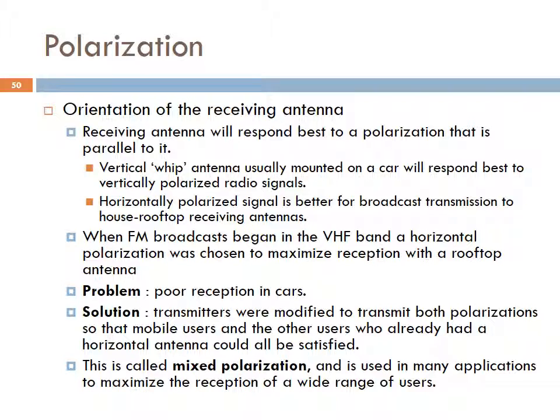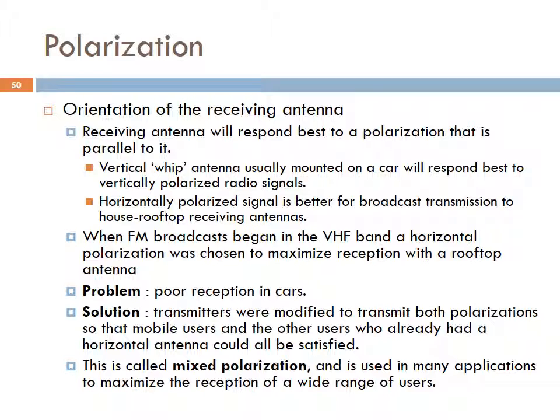When FM broadcast began in the VHF band, a horizontal polarization was chosen to maximize reception with a rooftop antenna. The problem is that we have poor reception, for example in cars.